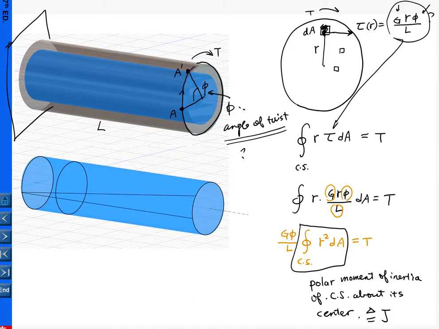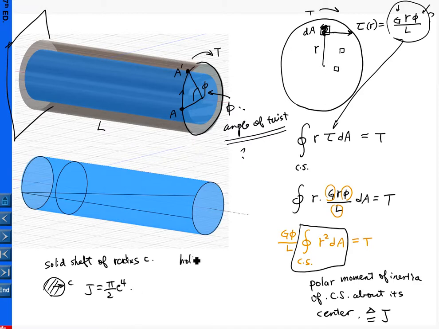And whenever given the J, so for example for a solid shaft of radius c, J equals pi over 2 c to the 4th power.